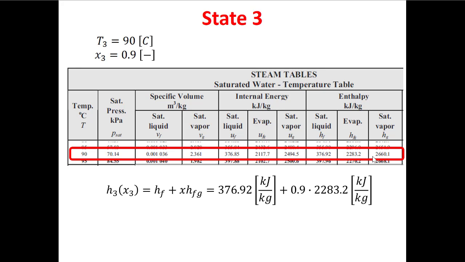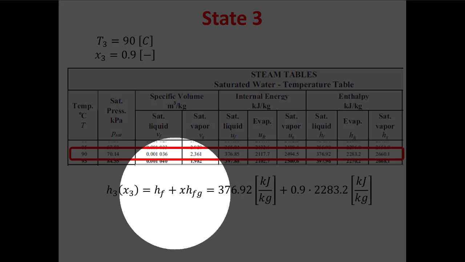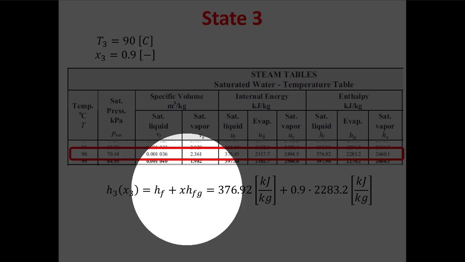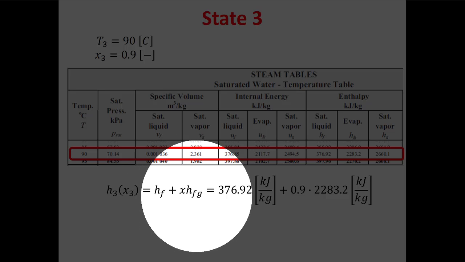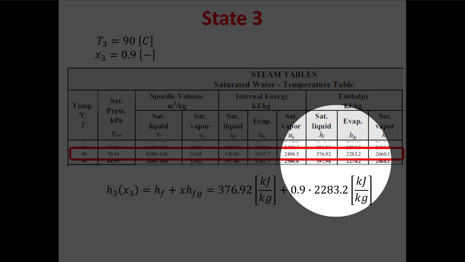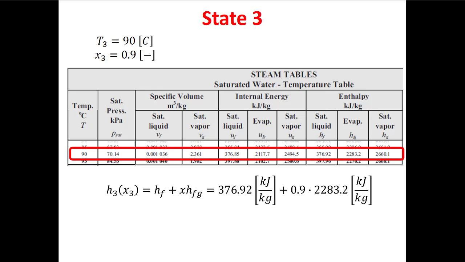So here I remember my equation for quality, that h3 as a function of quality is hf plus the quality times hfg. Remember, hfg is hg minus hf, so I could figure that out if I wanted to. But here the table already gives me the subtraction, so if I use hfg, it's one less thing that I could mess up when I'm putting it into my calculator.